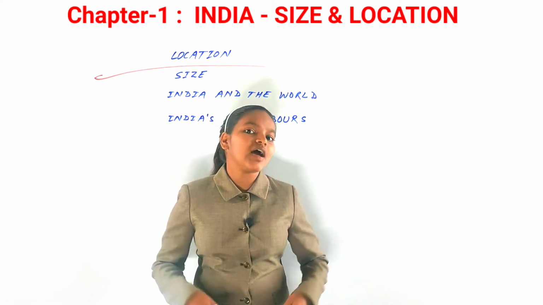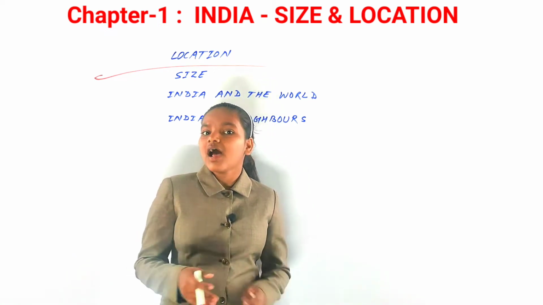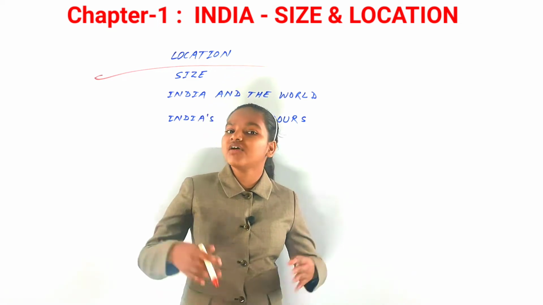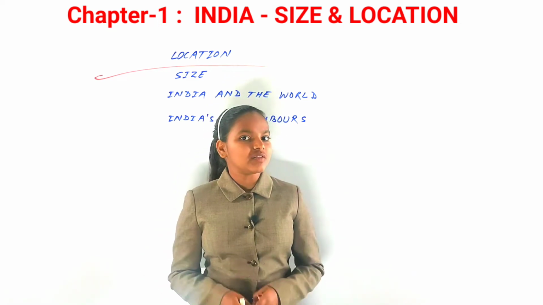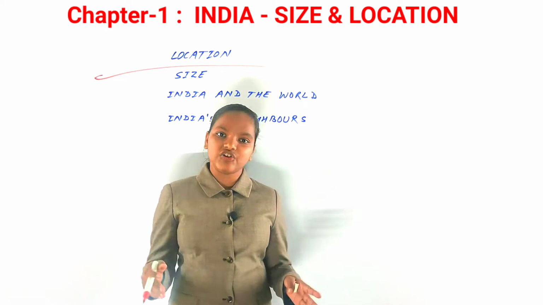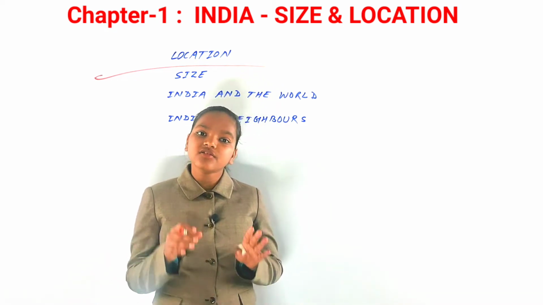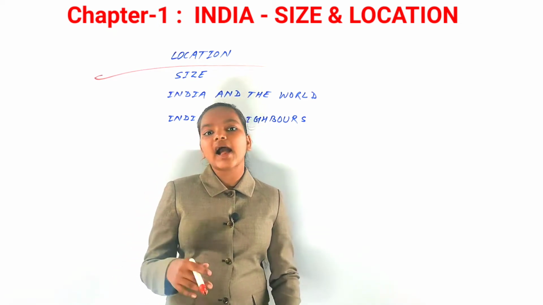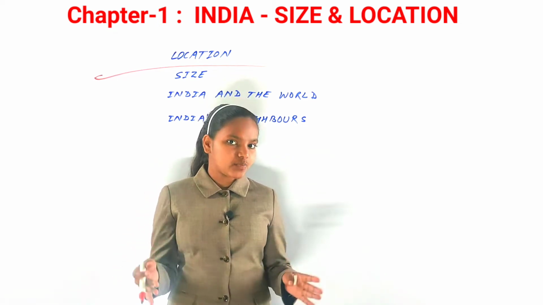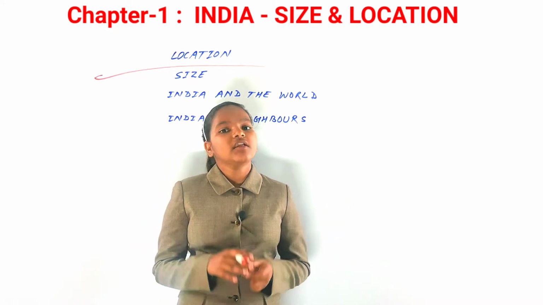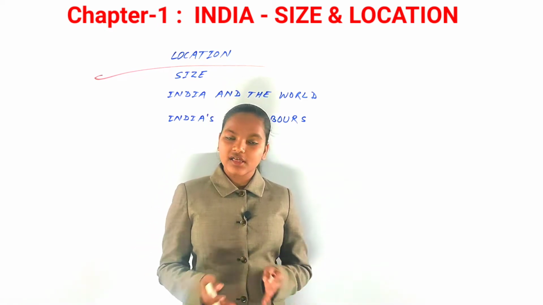Like for example, you have studied in mathematics about the place of x and y in graphs. The same applies in reality. To find any place even in India, you must know the longitudinal extent and the latitudinal extent of that place. So, if we talk about the location of our country, let's discuss the latitudinal extent first.